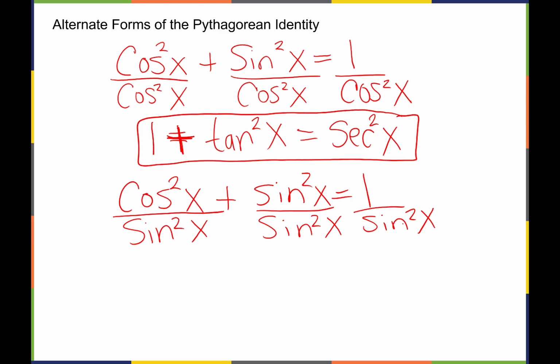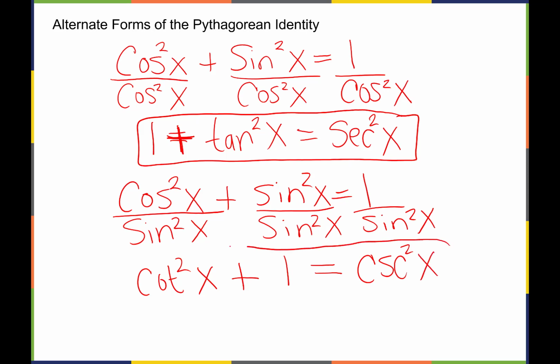And because it's squared, I'm going to have cotangent squared x plus sine squared over sine squared is equal to 1. And the reciprocal of sine is cosecant, so 1 over sine squared is cosecant squared. So here's a second version of the Pythagorean identity.